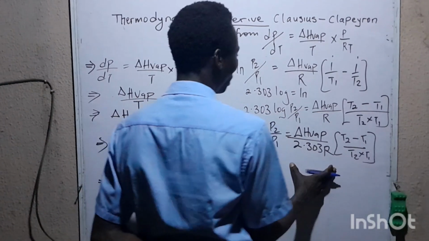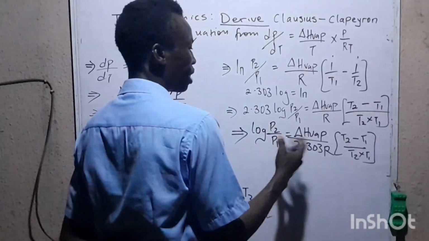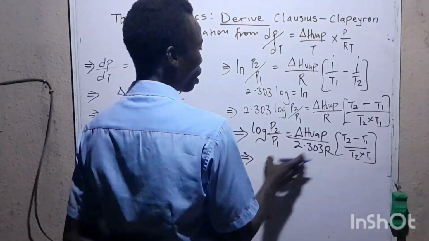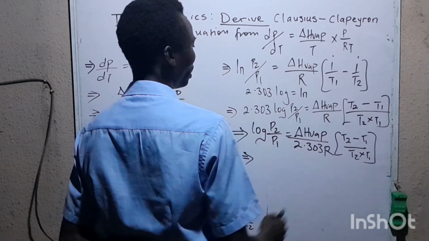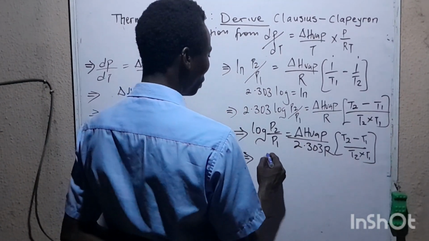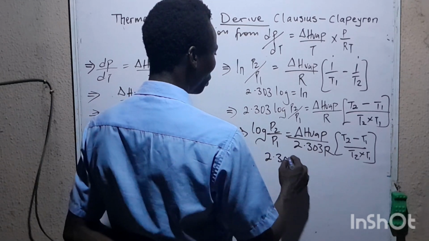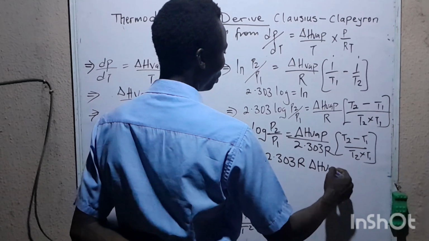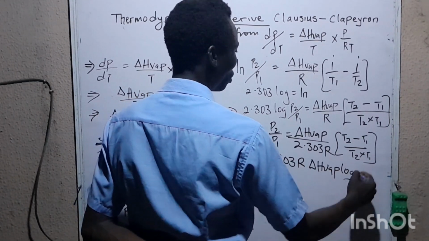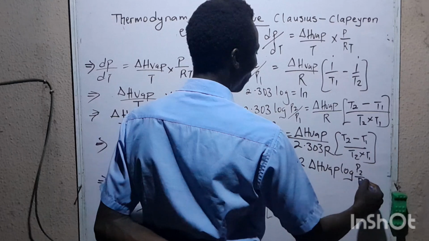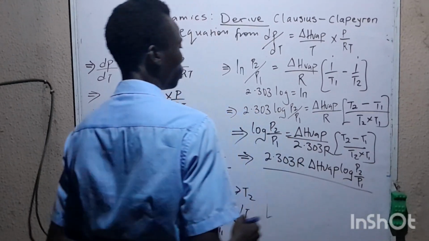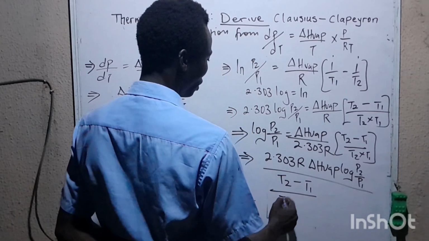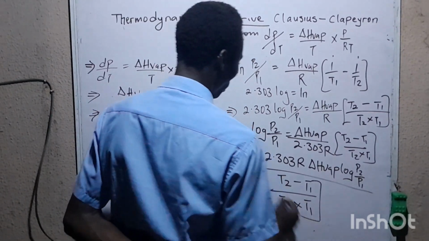So the next thing we are going to do now is this equation here can also be rewritten in this form: 2.303 R followed by the heat of vaporization, followed by log P2 over P1, all divided by (T2 minus T1) over (T2 times T1), bracketed up.